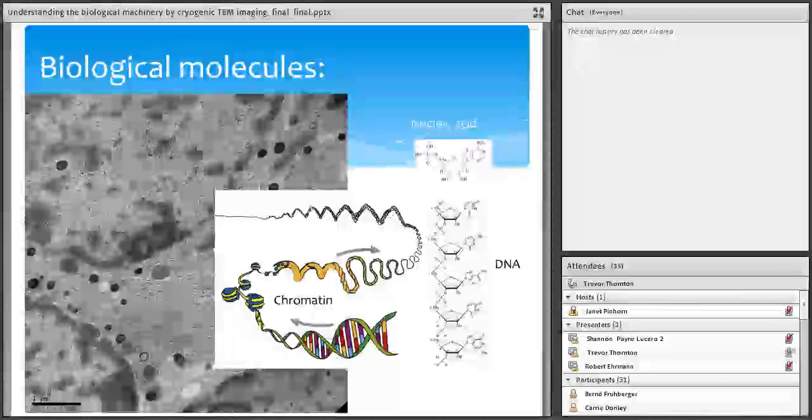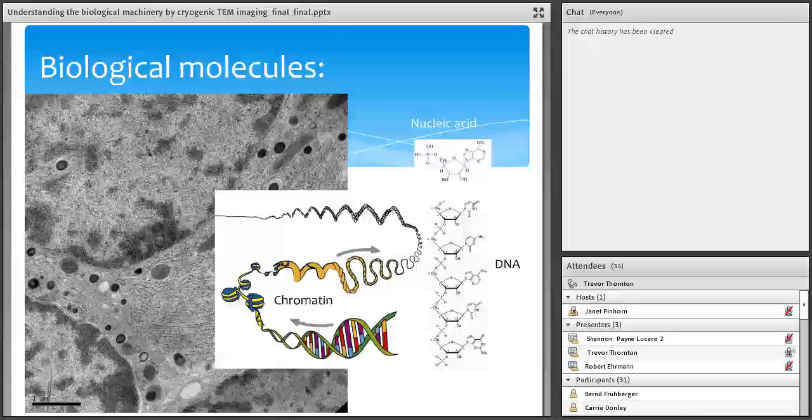So if we think about biology, we really have to think about how things are constructed. Almost all biological molecules are constructed from a single sort of subunit. In the case of DNA, a nucleic acid polymerizes into what we think of as deoxyribonucleic acid, and then that's further assembled into what we know as chromatin, and then into chromosomes when we go through mitosis or meiosis.